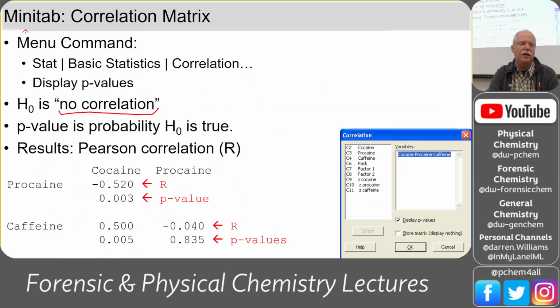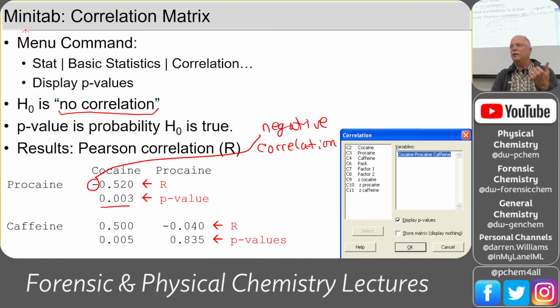Okay, so we saw that cocaine and procaine were negatively correlated. You see that negative sign. So that's good. And here's our p-value. Hey, that's fantastic, 0.003. We know there's a strong, statistically significant correlation there.